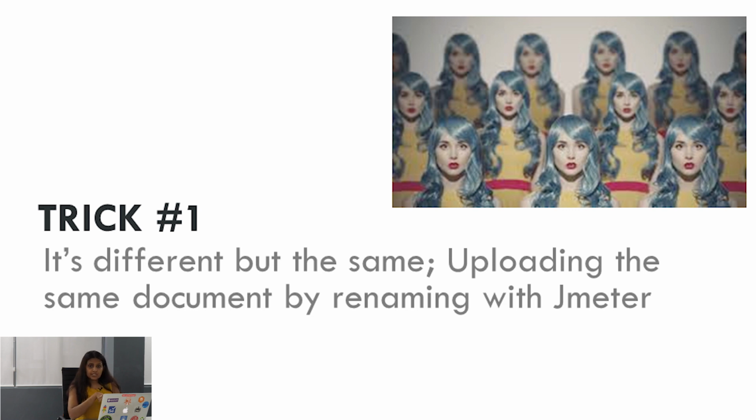Let's move into tricks. How do we trick JMeter to do what we want it to do? So if you guys are working with systems where we consider like content management systems, or you want to upload multiple documents at the same time and try to download it or edit it and so on.